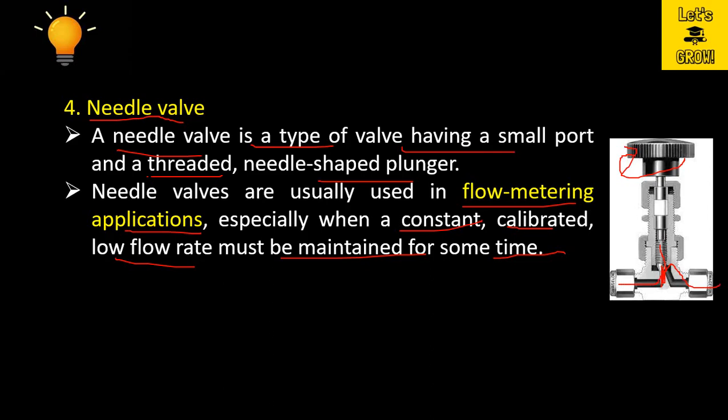Whenever the flow rate is small or low, it is used, and it is also used for calibration and where we need to measure the discharge. And if we require a constant low discharge, in that particular case also a needle valve is used. But basically a needle valve is used for low discharge.